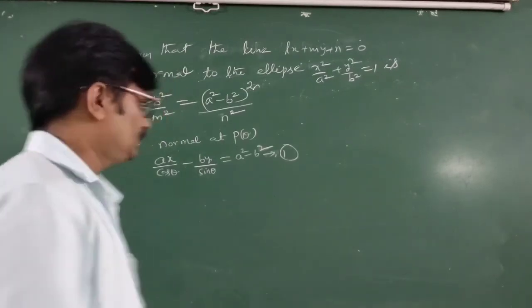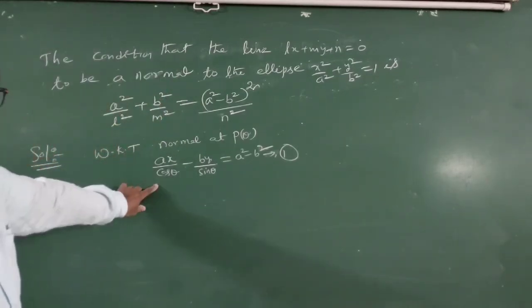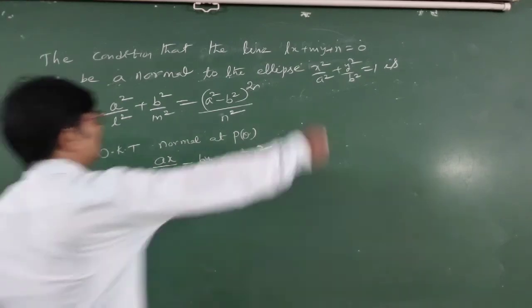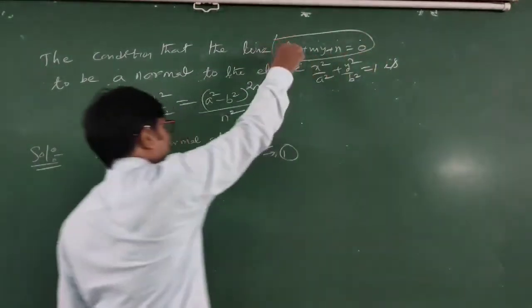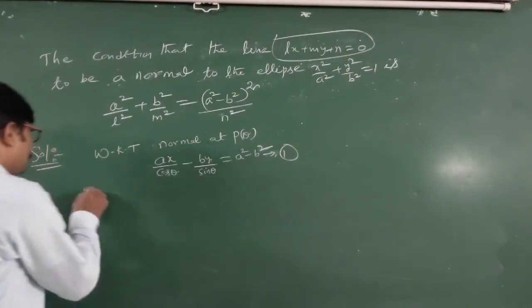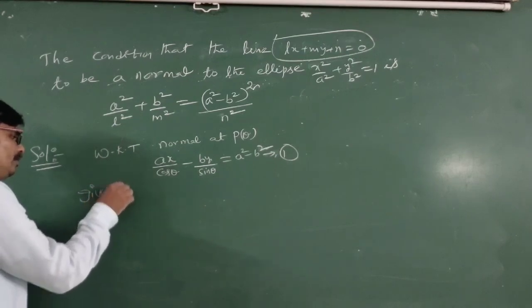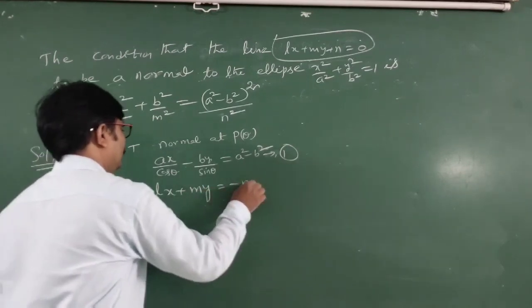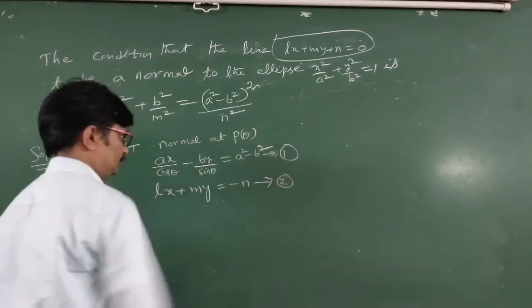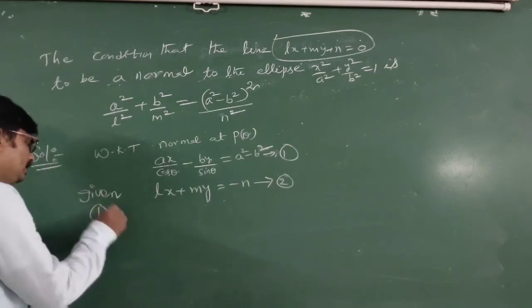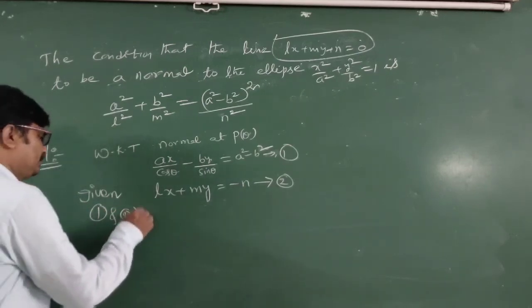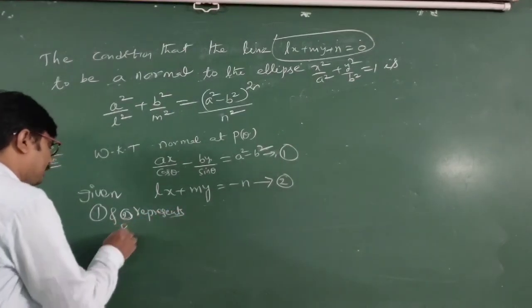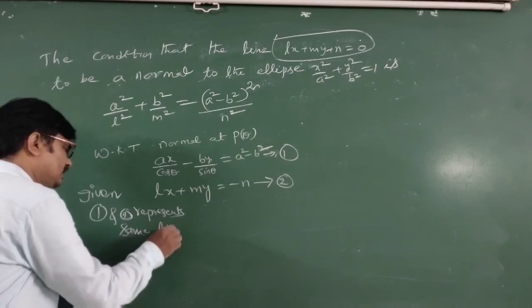The given normal is lx plus my equal to minus n, equation 2. Now 1 and 2 represent the same lines.